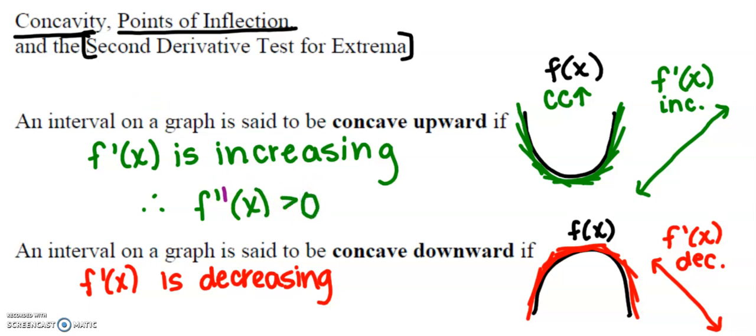And if f prime of x is decreasing, that means f double prime of x is less than 0. So we can use the second derivative to test for concavity, or we can use the first derivative and see if the first derivative is increasing or decreasing.